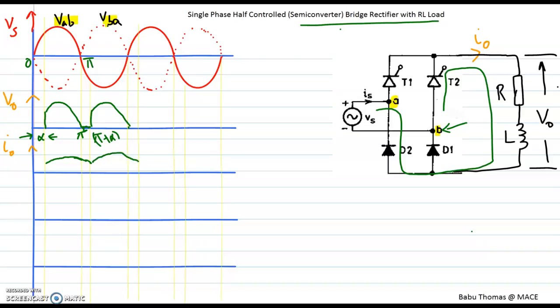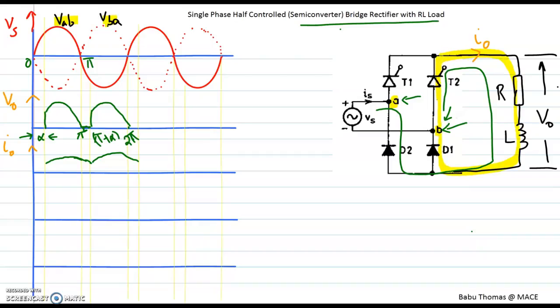So it was conducting till 2 pi. So after 2 pi, what happens? After 2 pi, the point A is becoming more positive when compared to the point B. Therefore, that will result in a freewheeling path for the current to flow through the thyristor T2, the load, and D1.